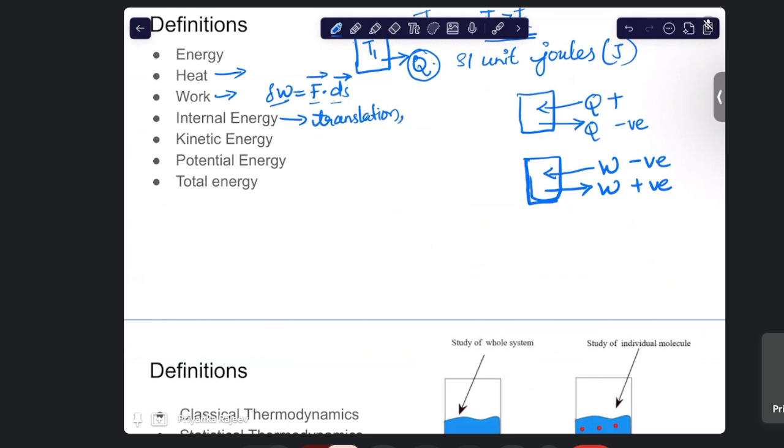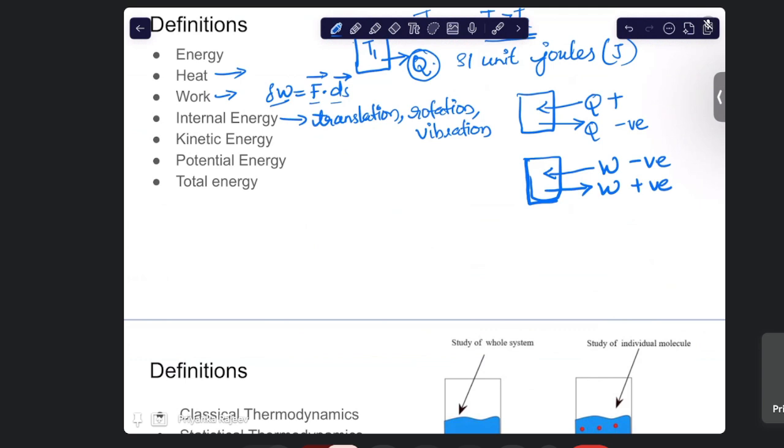If an object is moving, that is called translation. Then there is rotation, and then vibration. Vibration is oscillation of a particle around a fixed point. So these three motions will be there for these particles, and this motion is associated with an energy, which is called internal energy.